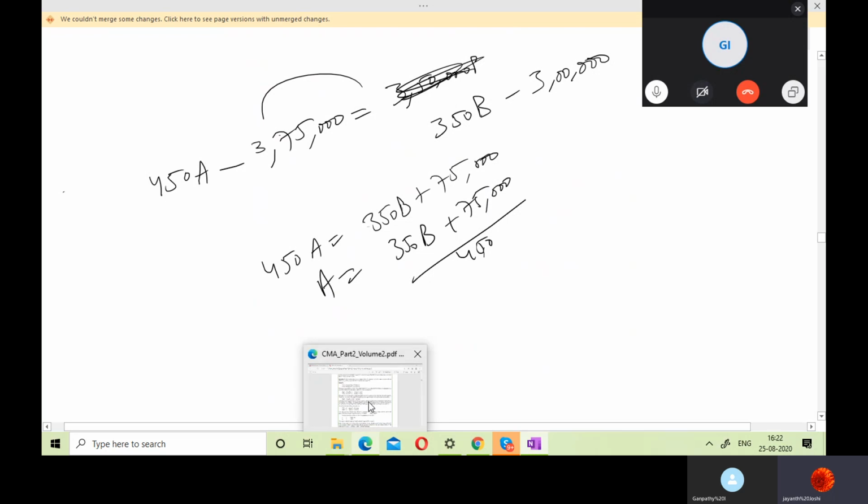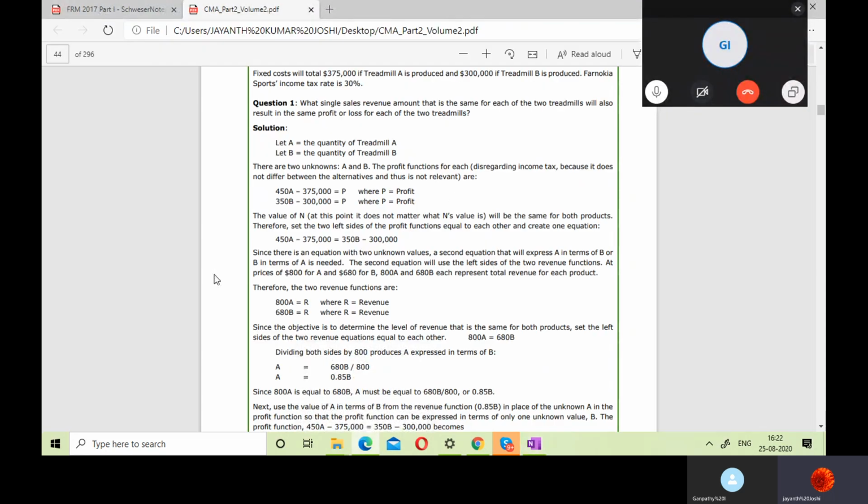Now I can substitute that in this equation and get the entire equation in terms of B. Then I can get the B value, and with the B value I can get the A value.